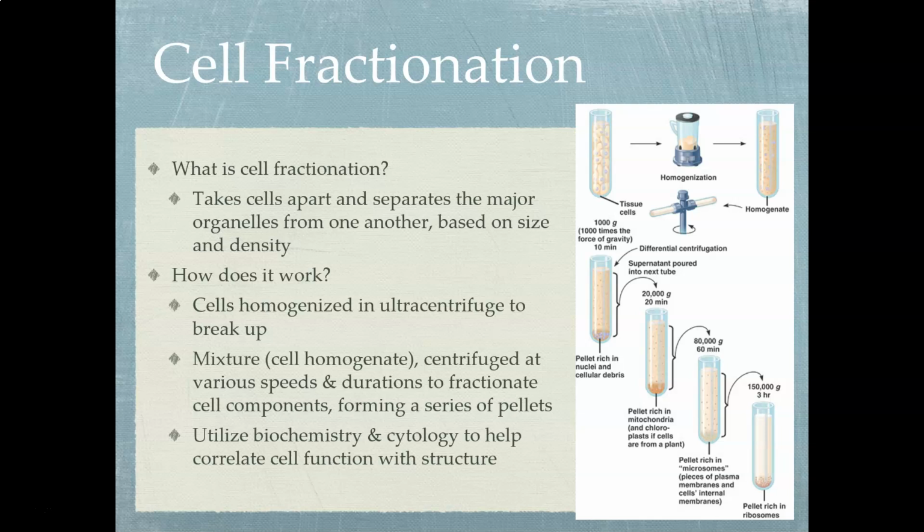And certain speeds and durations that I run those test tubes through that centrifugation process allow me to pellet out, or separate out on the bottom, certain material. And every time I take off the lighter material, I can run it again and pellet something new. So we can get all the way down to pelleting everything as small as ribosomes if I do it enough times for long enough, which is pretty neat.